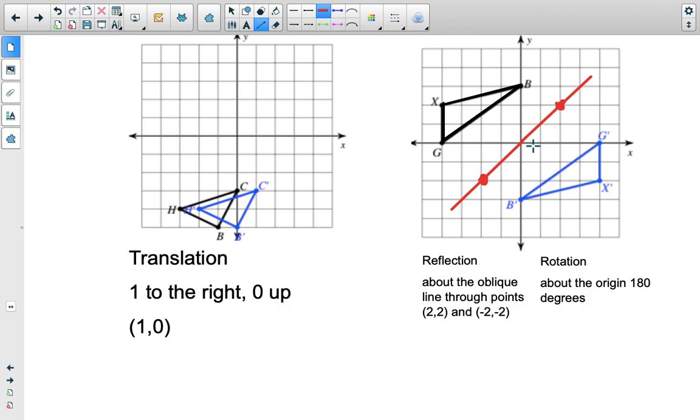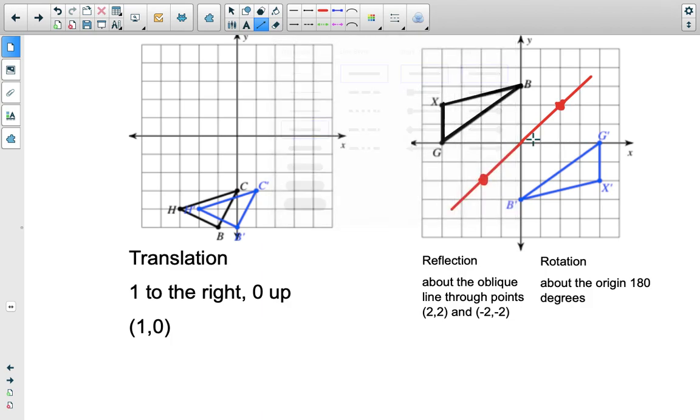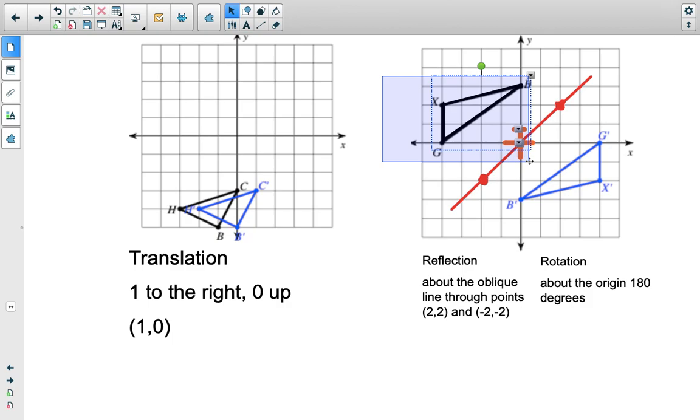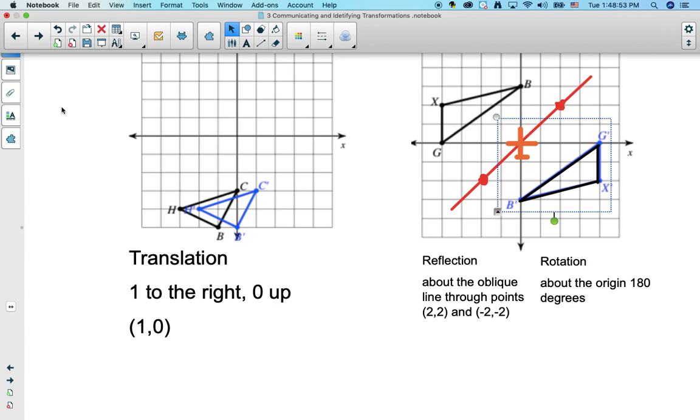If I put this in the origin, and remember you always put a dot or a little line at the top, and I rotate about the origin 180 degrees, that little line is now at 180, and I move it down this way, I get that same shape. So it's both a reflection and a rotation. And that's it.